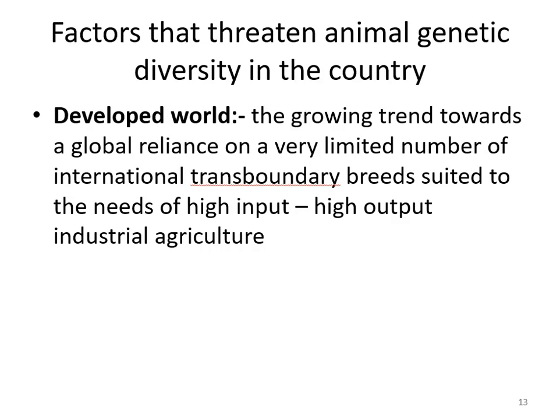Now, what are the factors that threaten animal genetic diversity in the country? It is a little bit different in the case of the developed world. The developed world has a growing trend of reliance on a very limited number of international transboundary breeds, which are suited to high input, high output industrial animal agriculture.